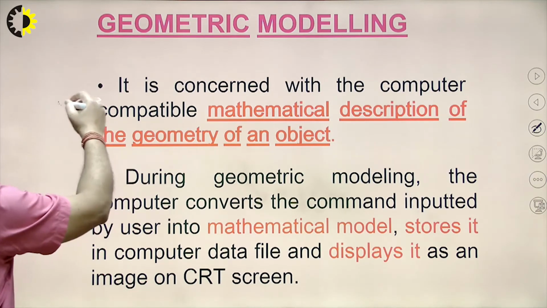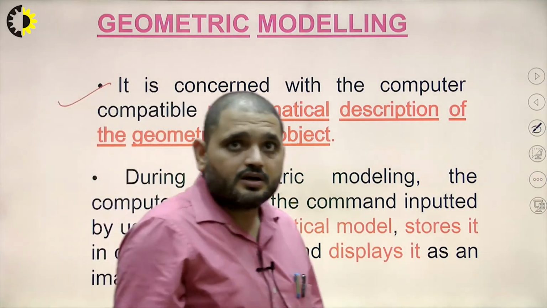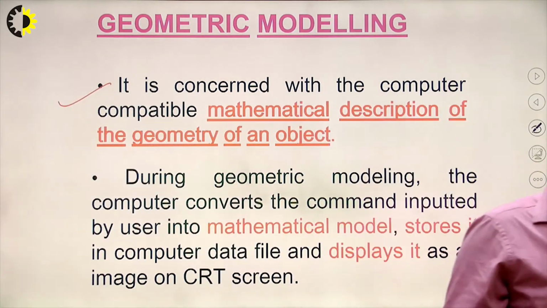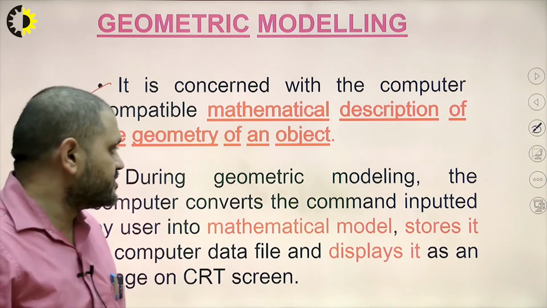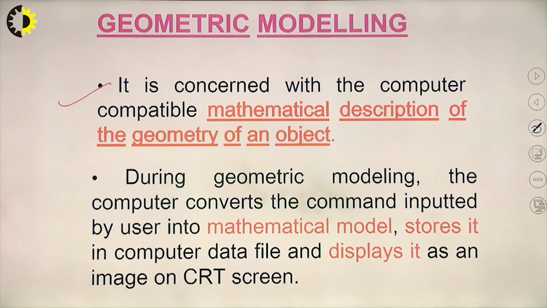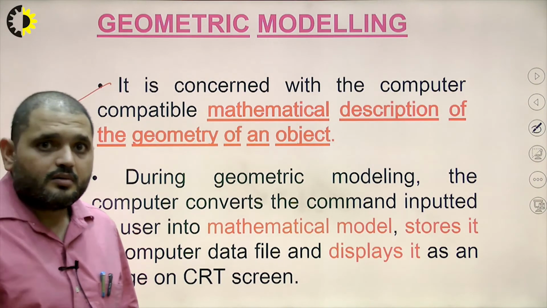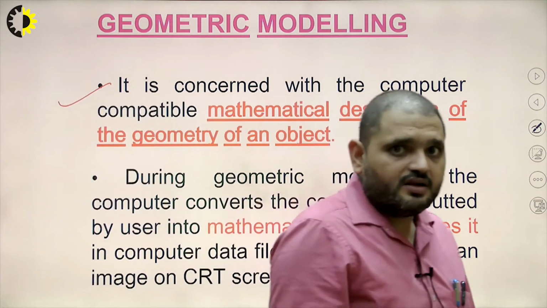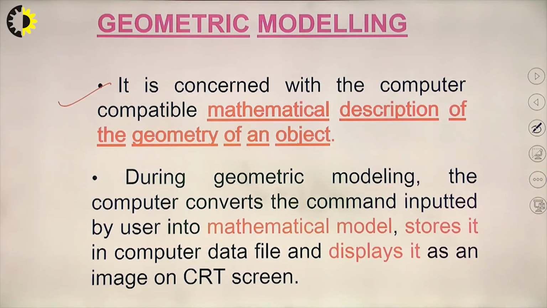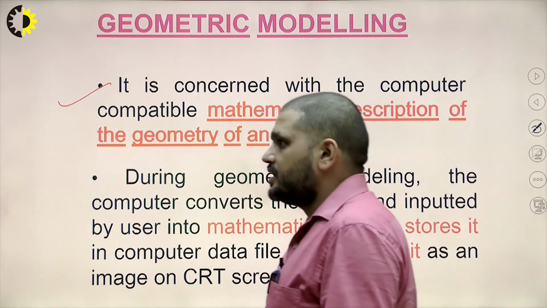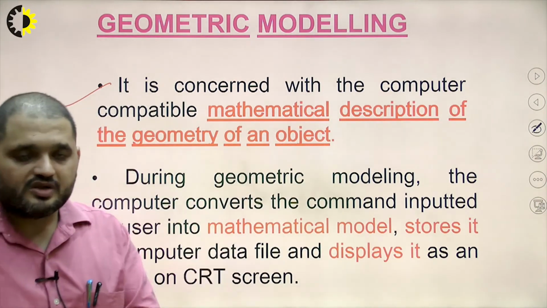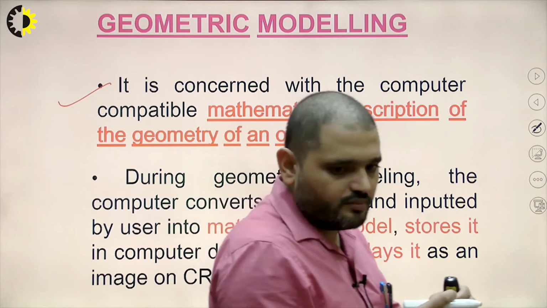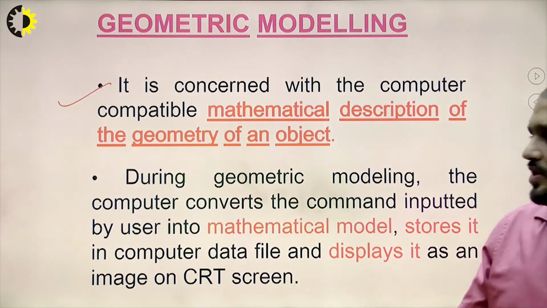During geometric modeling, the computer converts the command input by the user into a mathematical model, stores it in a computer data file and displays it as an image on the CRT screen. So the visual view of any model is done using geometric modeling.